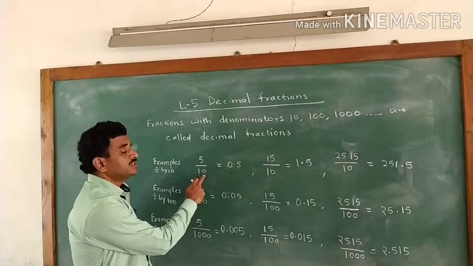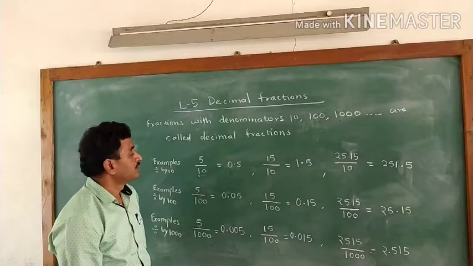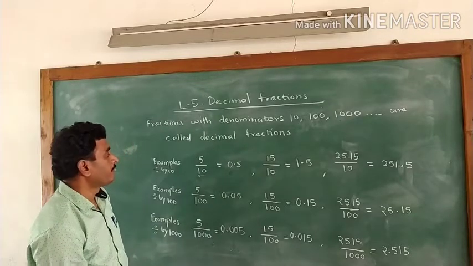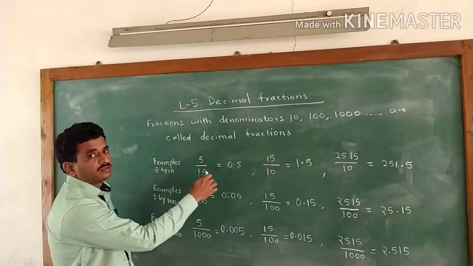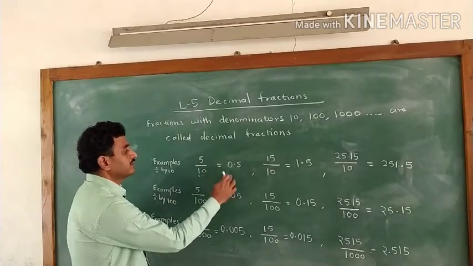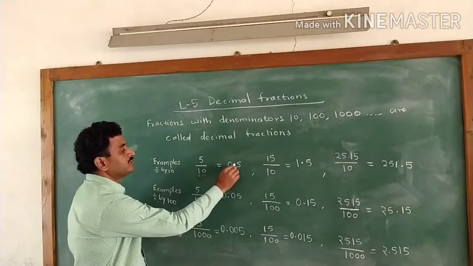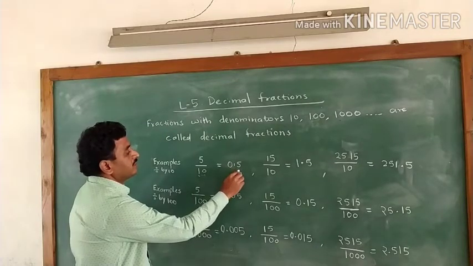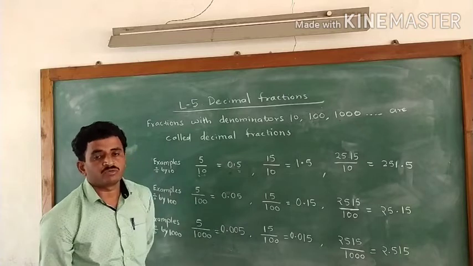Here 1 zero is there. That's why we have to use 1 digit after the decimal point. You can see this is the decimal point I have given. So after the decimal point, only 1 digit we have to give.